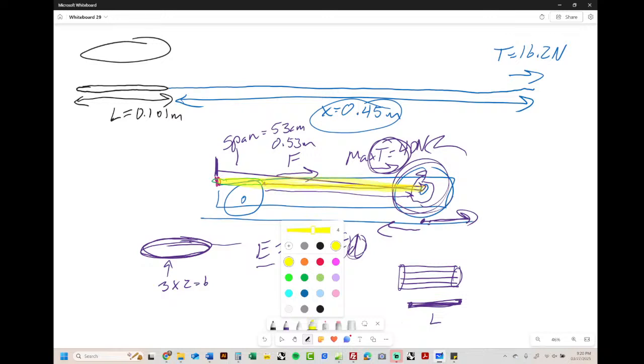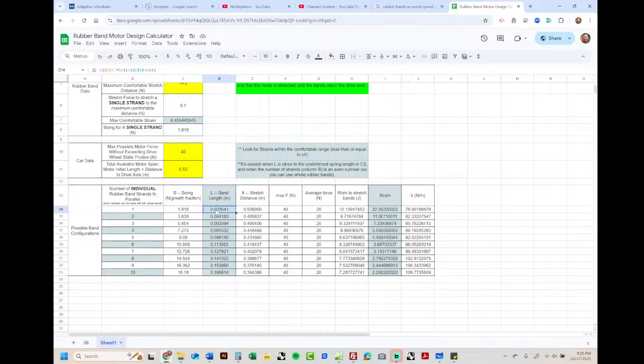I want it to stretch as far as possible so I can do the most possible work. So the band over here plus the string here adds up to that 53 centimeters. So on the spreadsheet, you'll always see this plus this equals that.